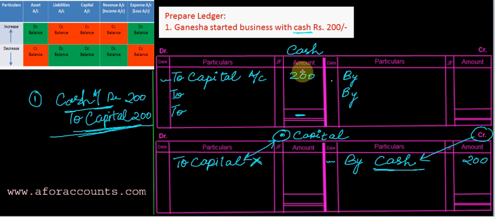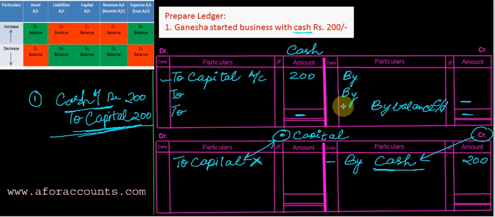Now whichever side the total is higher, on the other side you have to write the balance, because totals should match. If this side is higher, you have to write an amount here, by balance carried down at the end of the month.